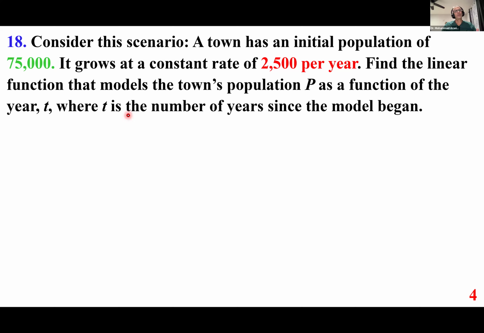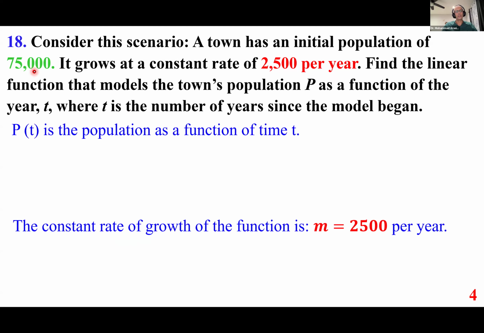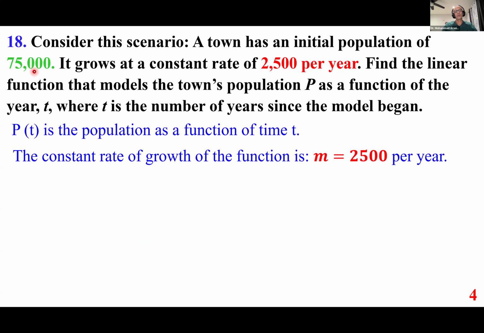So it's very straightforward. You're looking at y equals mx plus b. M is the variable number, which happened to be 2,500 per year. It varies by that much. And it's a constant. So P of t is the population as a function of time t. The constant rate of growth, m, 2,500 per year.